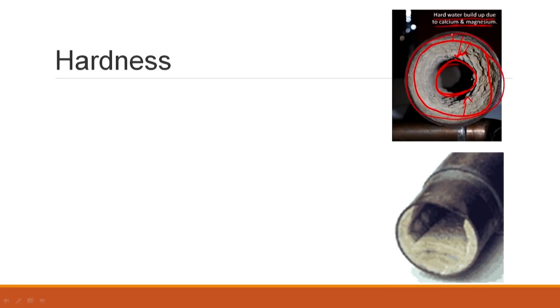Why? Because they do not want the pipe to be corroded. Usually pipes get corroded after some time, but if you have this thin layer of calcium and magnesium precipitates, that is going to act as a barrier against pipe corrosion. But obviously with this level of precipitation, you are going to have remarkable effects.